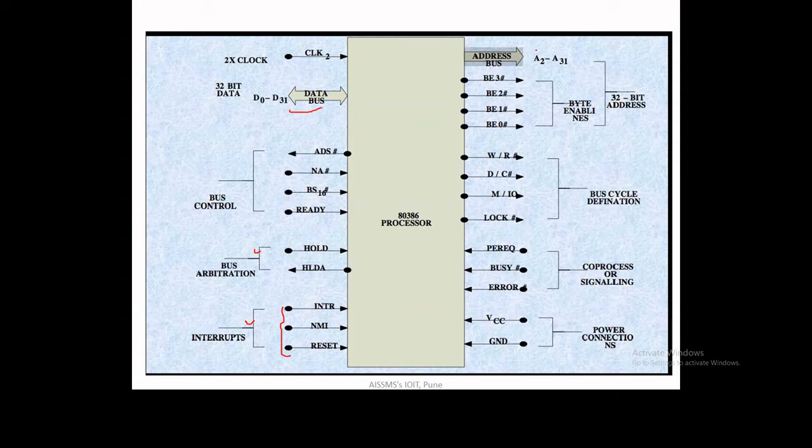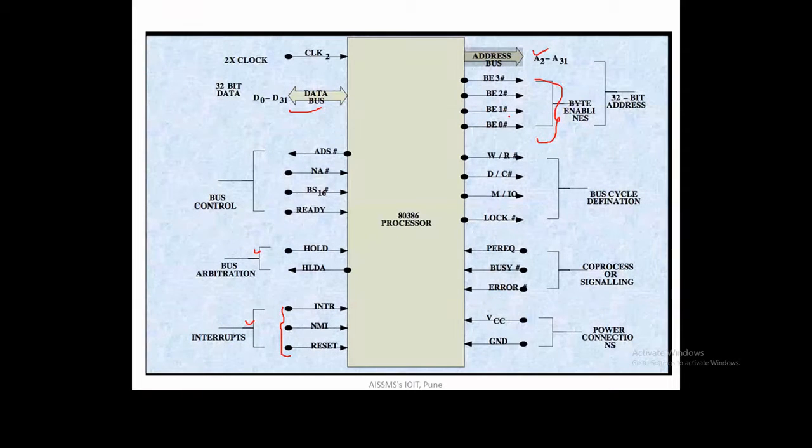Then there is the address bus. Again, the address bus is 32 bits long. A2 to A31 pins are used for the address bus, and pins A0 and A1 are used for the bank enable signals.